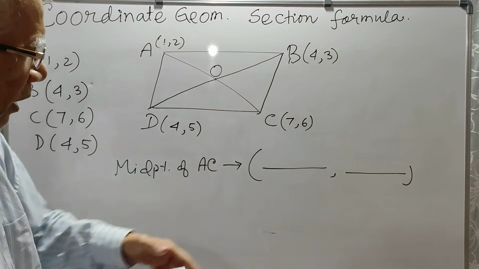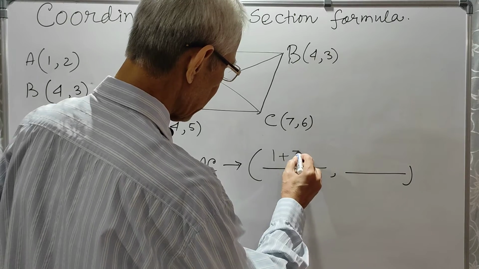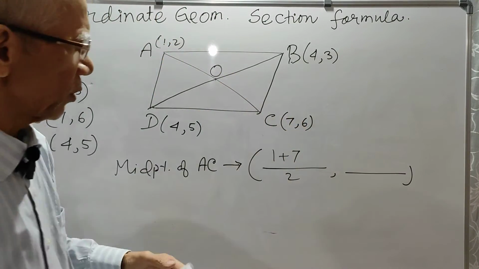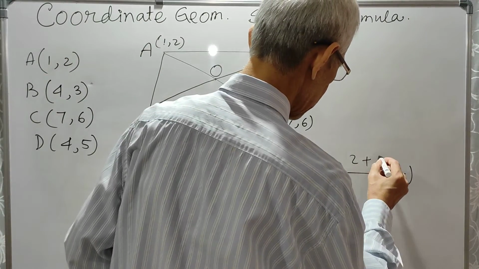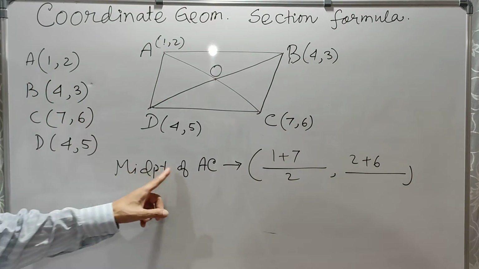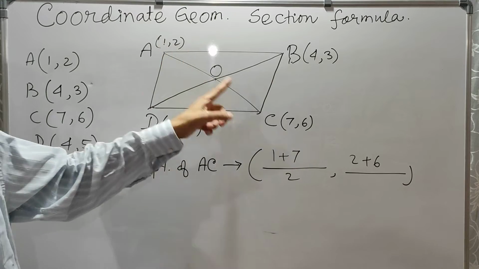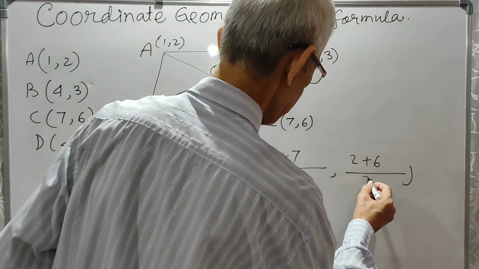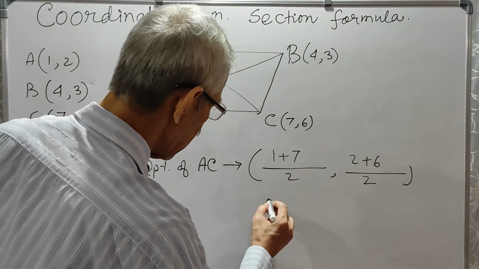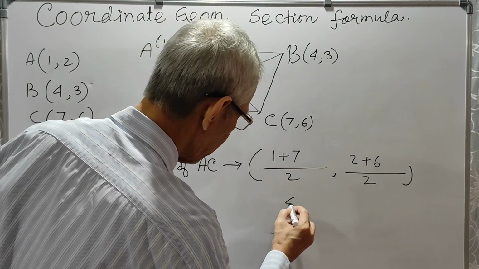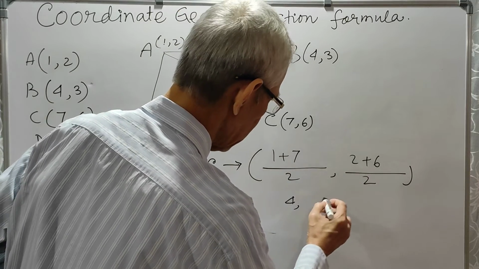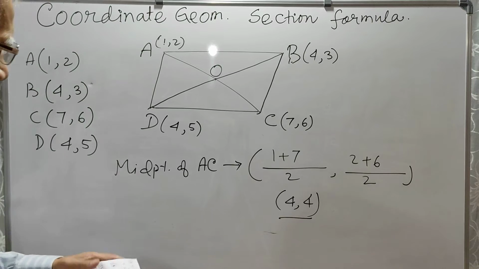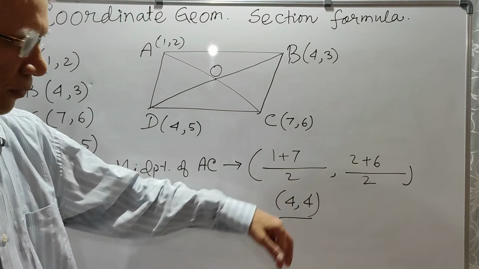So, 1 plus 7 by 2. That is the X coordinate. And what will be the Y coordinate? 2 plus 6 by 2. So midpoint of AC will be 1 plus 7 by 2 and 2 plus 6 by 2. That means 8 by 2, 4, and 8 by 2, 4. So the midpoint of AC is 4, 4.